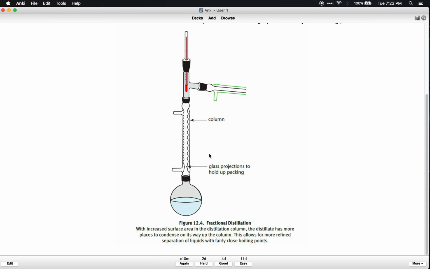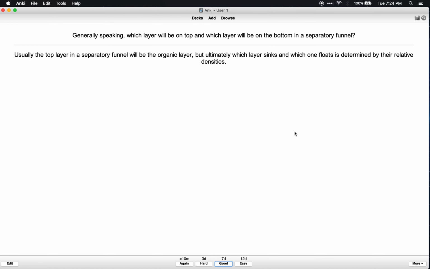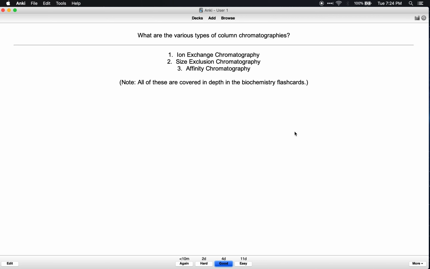Top layer is mostly organic, and the bottom layer is aqueous. You have affinity chromatography, size exclusion chromatography, ion exchange chromatography.